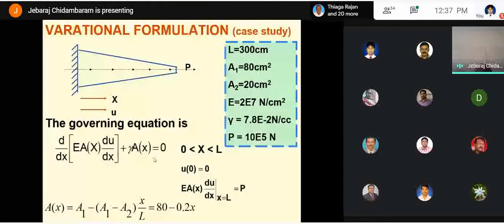So the governing equation is multiplied by a weighting function W of x, and this is that. And I have gone ahead with some numerical work.